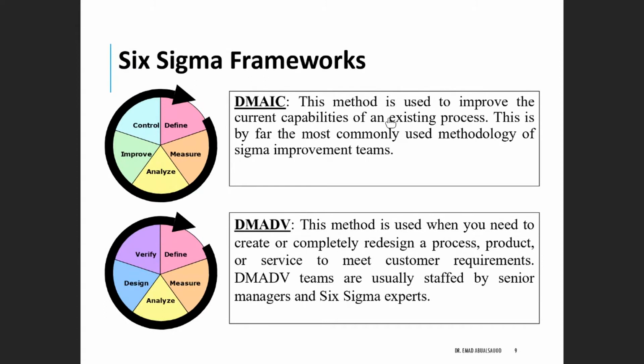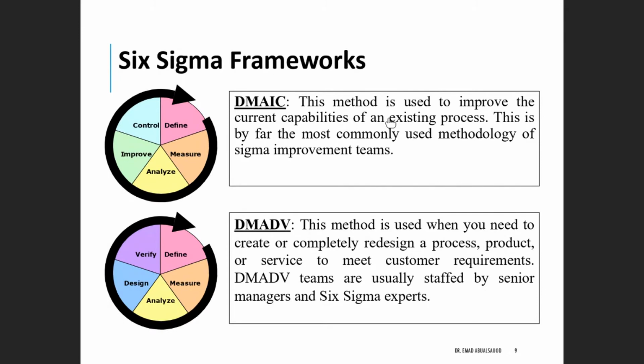And for many reasons. One of the reasons is that working on improving an existing process is sometimes lower risk and more economical than designing a whole complete process or a product, for example. And there are many other reasons.